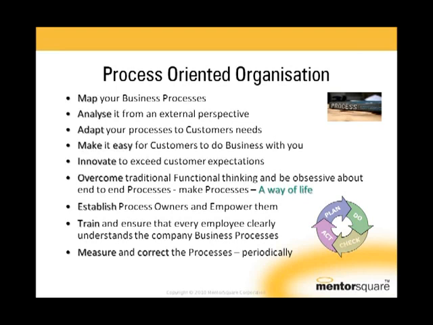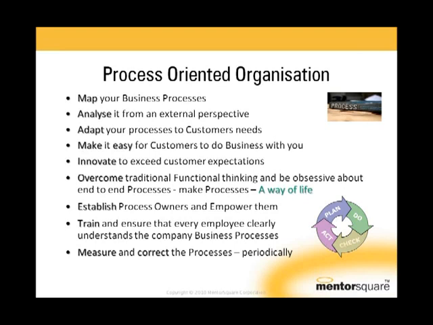And one of the foremost things we need to do is what I already showed you in the previous slide. The traditional functional thinking is very obsessive, and we need to change that to process-oriented thinking, something like an end-to-end process. That means make processes a way of life in the organization. Everybody talks about a process, be it welcoming a guest, collecting an order, or meeting a customer.